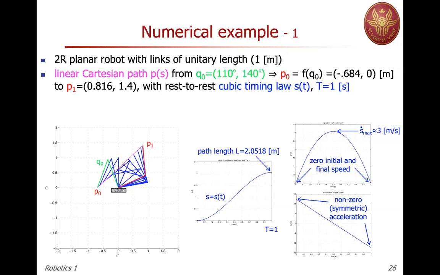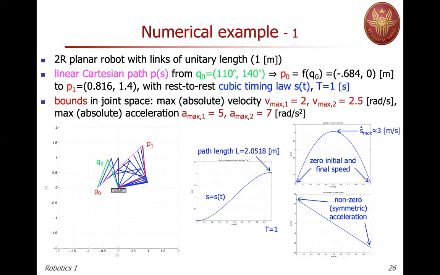So there's a discontinuity in the acceleration in this case. If you don't want this discontinuity in acceleration, you should have planned a timing law which is, for instance, a quintic rest-to-rest timing law, imposing also acceleration 0 at the beginning and at the end.